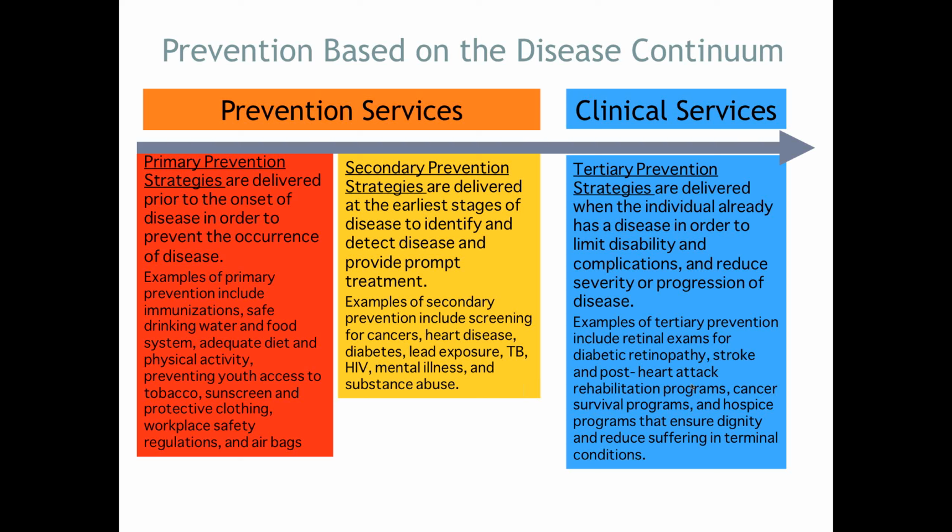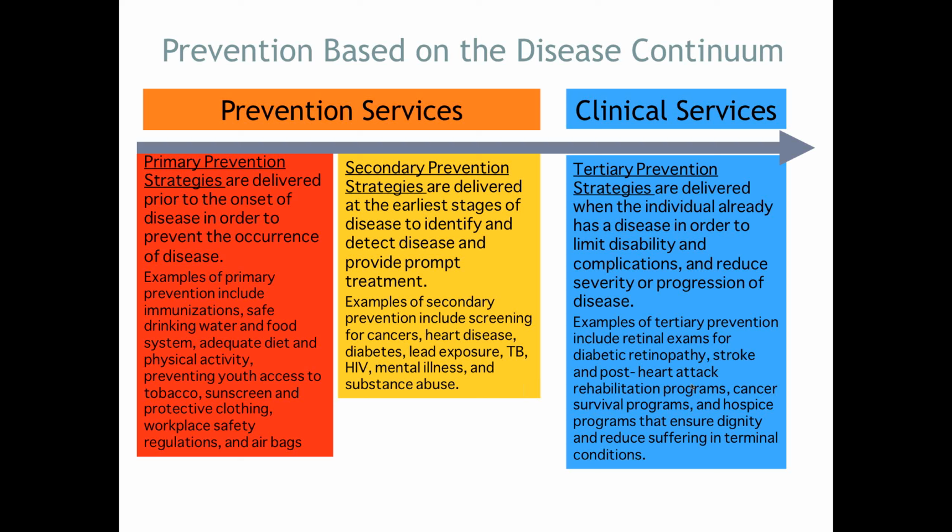And then finally, when the individual has the disease, we have strategies put in place that are directed at limiting the disability, consequences, complications, severity, or progression of the disease. So examples of tertiary prevention will be things like retinal exams for diabetic retinopathy.